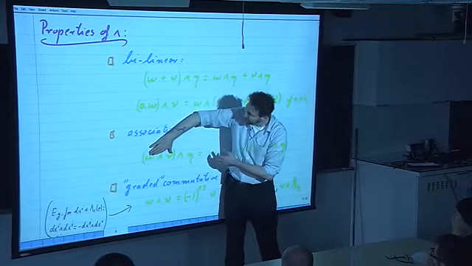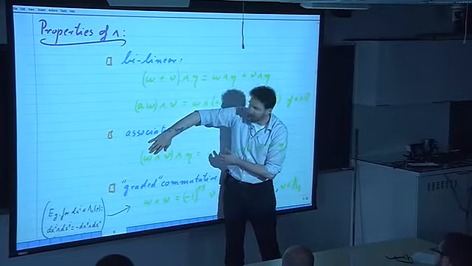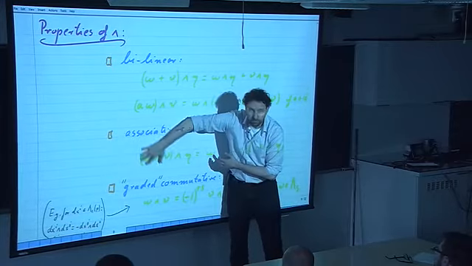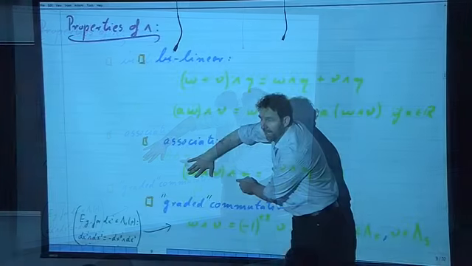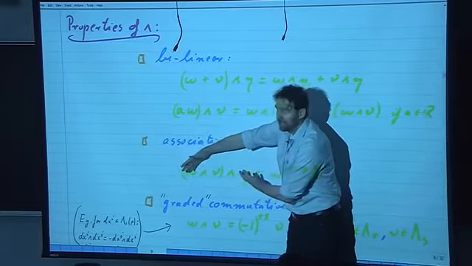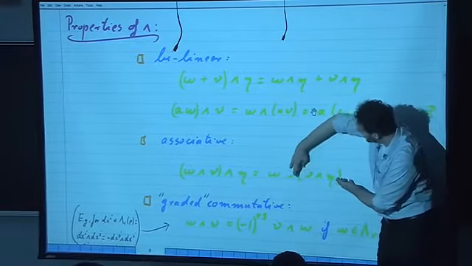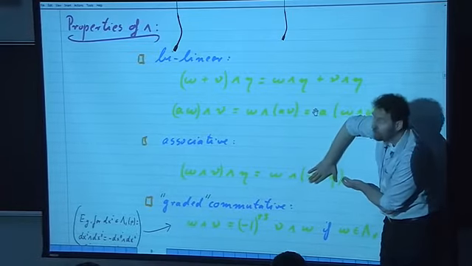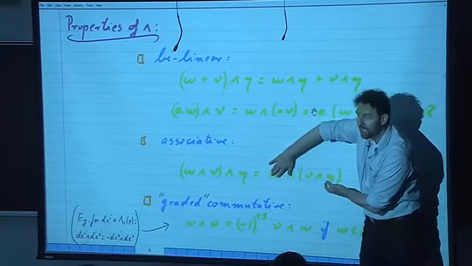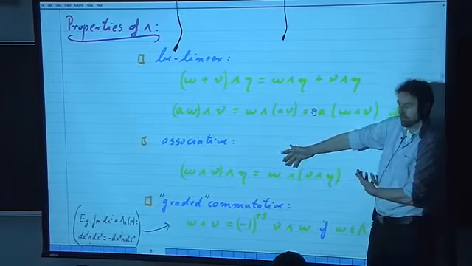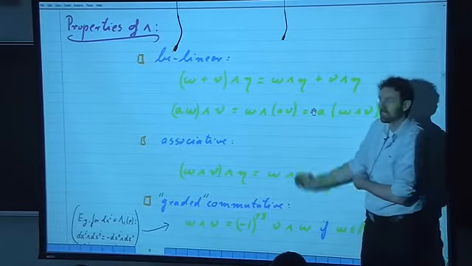You wedge two of them together and you get a differential form. And then you wedge that differential form with this one. And hopefully this doesn't depend on how we bracket it. If we bracket this way, if we first wedge those two together, and then this one, who's to say that you get the same answer? Well, you are to say, because you can prove it, right?